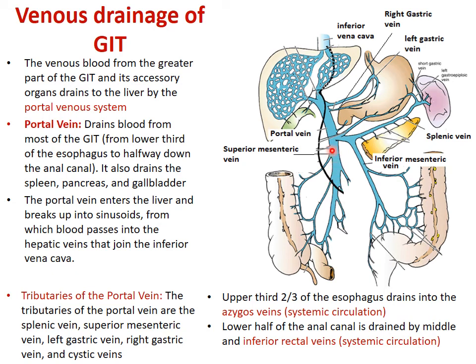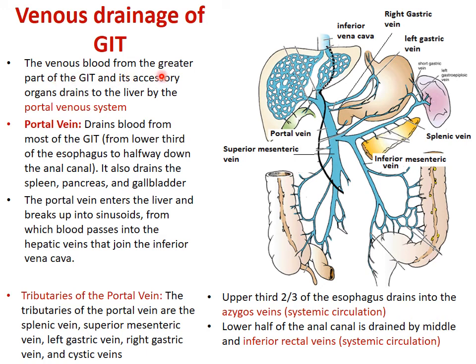So the superior mesenteric vein and splenic vein combine to form the portal vein, and the portal vein ultimately drains into the liver, and from the liver the veins combine together to form the hepatic vein, and the hepatic vein then ultimately drains into the inferior vena cava.